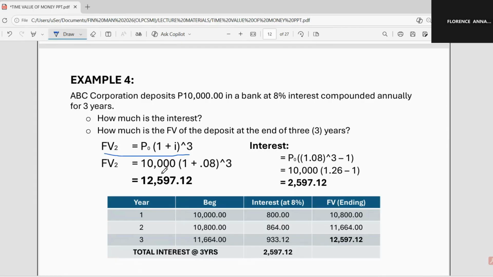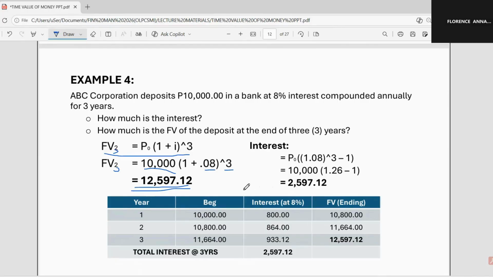So, in this case, your principal is 10,000, your interest is 8, and the number of periods is 3. So, 1.08 times 1.08 times 1.08, you get 1.2597 times 10,000, you get 12,597.12, your future value at the end of 3 years. Correction, this is 3. Ayan, 3.